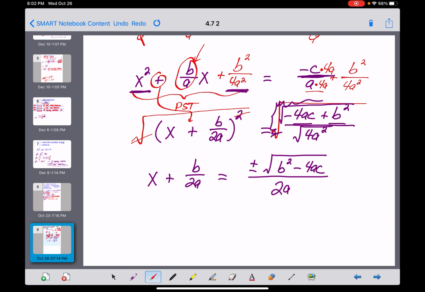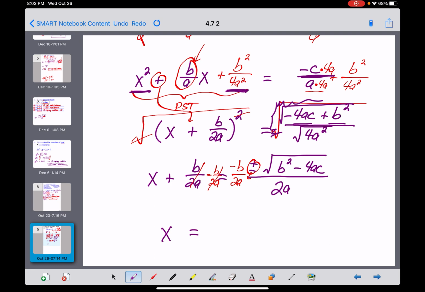And now, you guys, we're really one step from being done. The last thing we have to do now is subtract the b over 2a from both sides, and I'm going to put that here, minus b over 2a, and then that plus or minus kind of serves to separate those two. So those terms cancel, and let's see where this gets us.